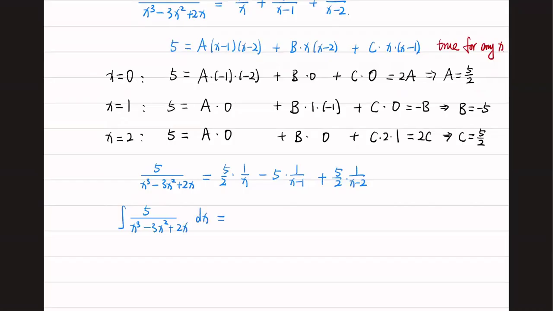Okay, I will give a few minutes to finish this integral. It's a rather complicated function, but using this partial fraction decomposition, we decompose it into the 3 simpler ones, so we can integrate them relatively easily.